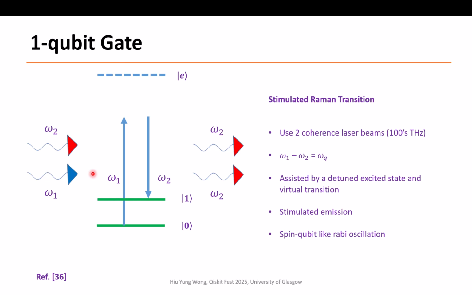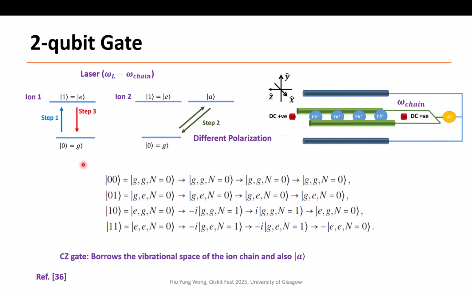Again, this is just to give a superficial explanation. You come up with 2 laser pulses, then you will bring the 1 qubit to a virtual level, and then you will go back to level 1. In this process, it will change the phase, and then you will be able to do the computation. And this is based on the phase and information from this laser pulse.